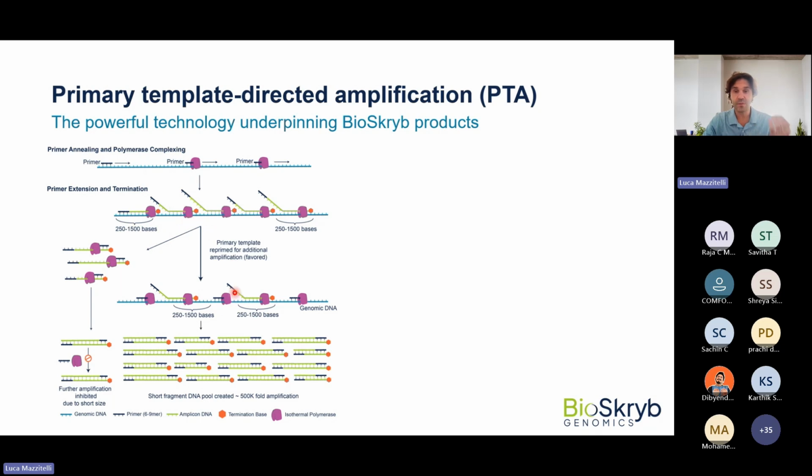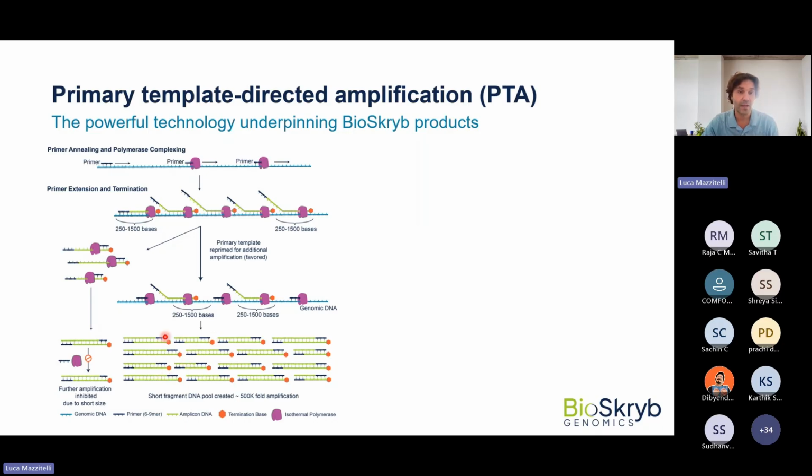And this results basically in a collection of amplified fragments, which are on average 1,000 bases. What is important to note here is that our chemistry favors the primary template, favors longer templates, like the genome DNA.